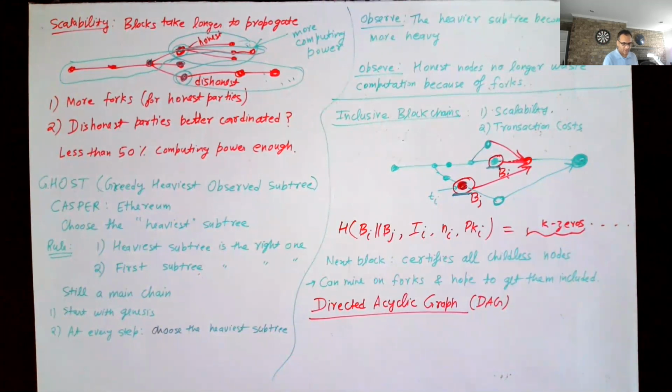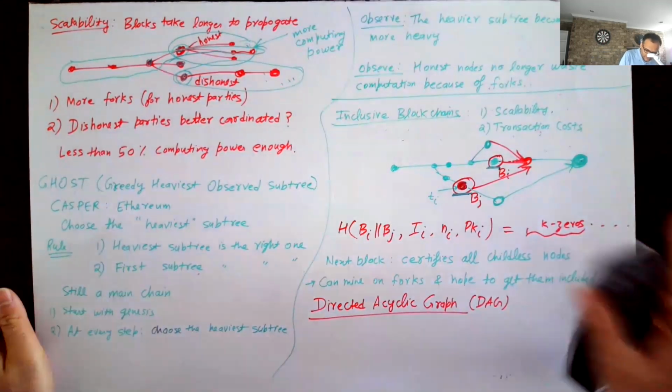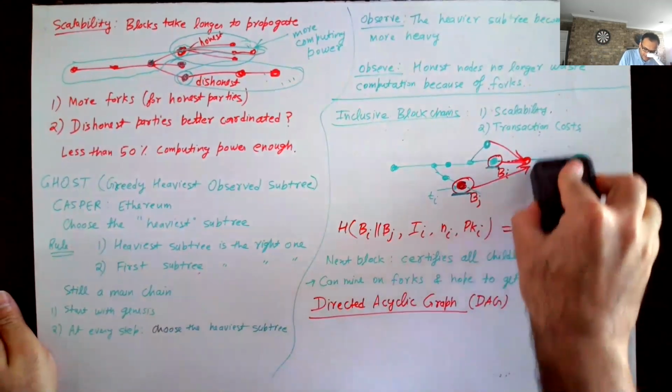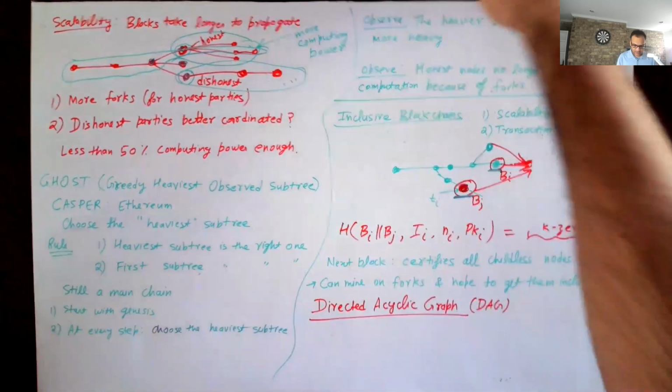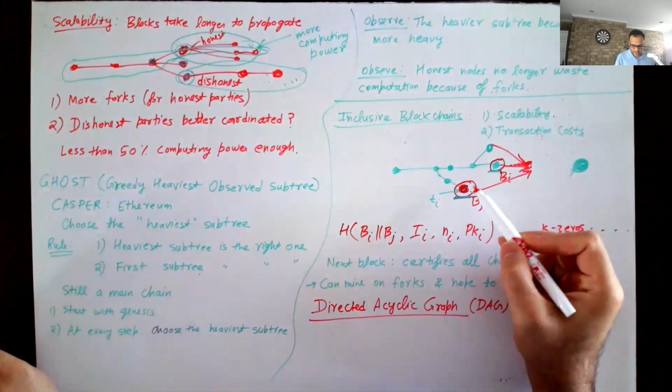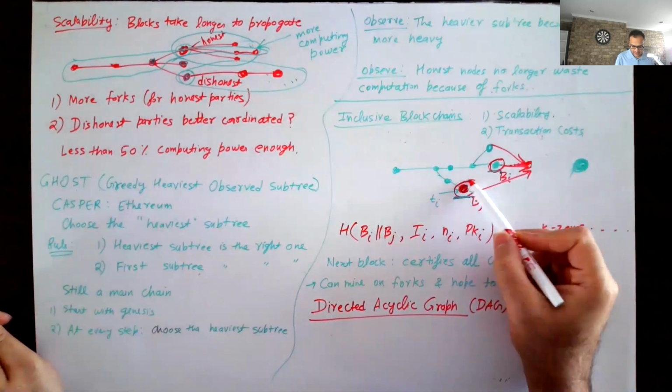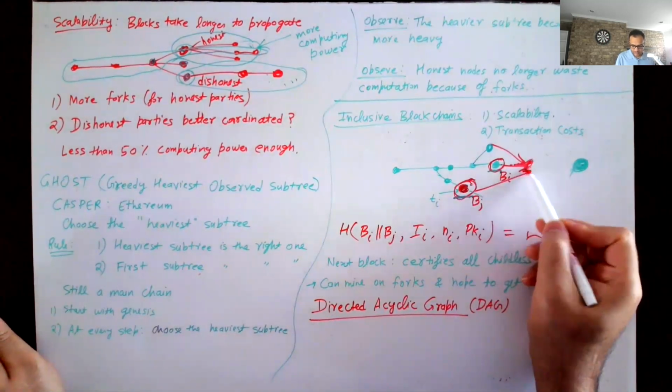Why two new blocks? So suppose this was the main chain and this was a side chain, and then we have a new block mined.